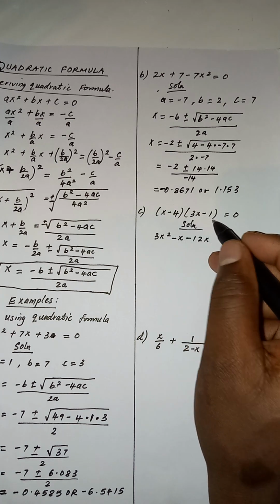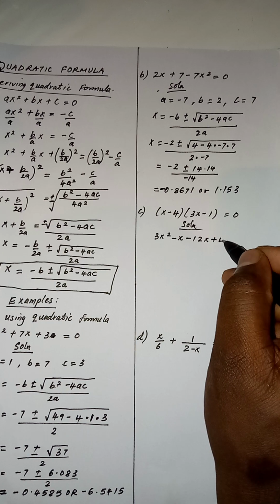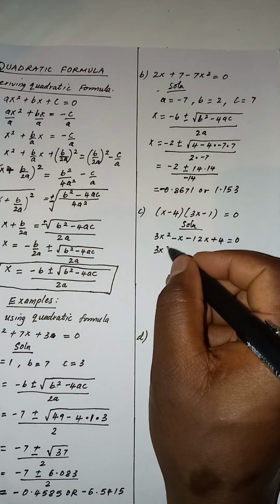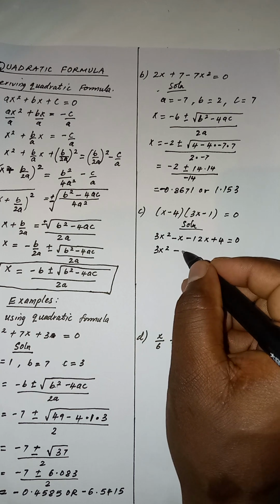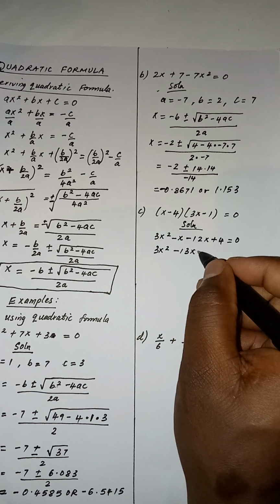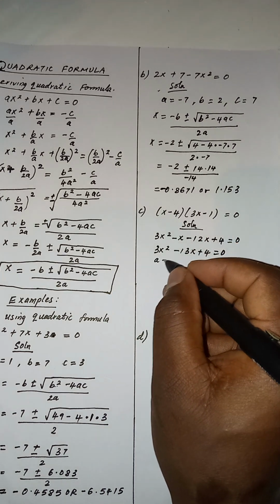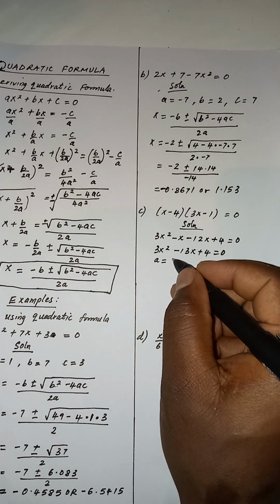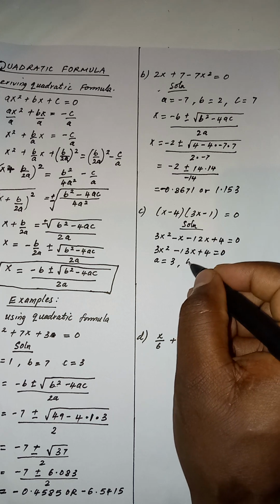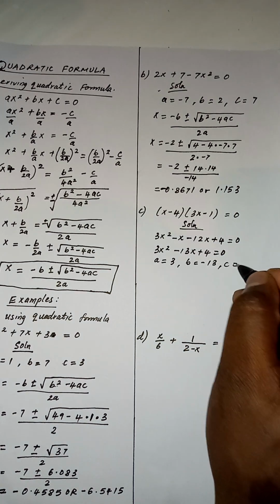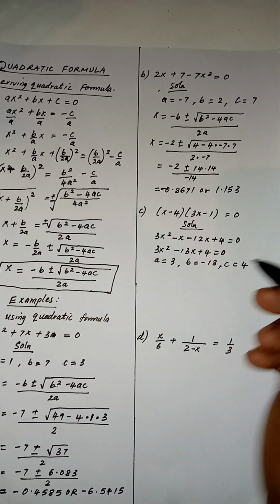Negative 4 times negative 1 will give us positive 4, equals to 0. So this gives us 3x squared minus 13x plus 4 equals to 0. So the value of a from here is 3. The value of b is equal to negative 13, and the value of c is equal to 4.